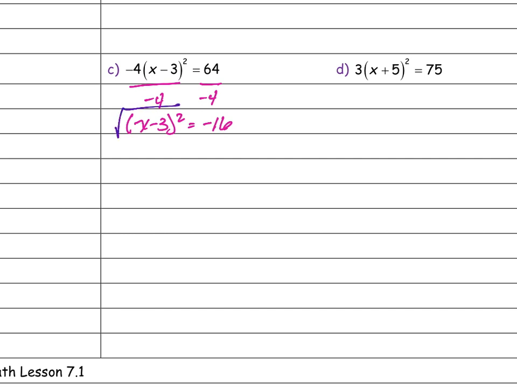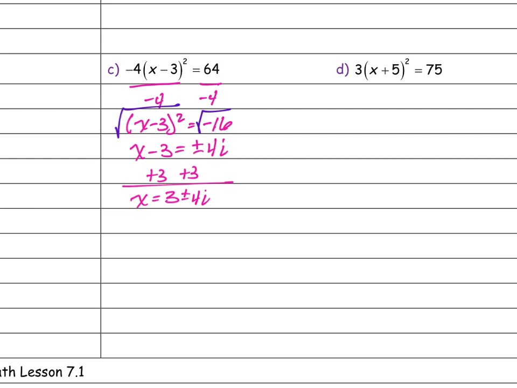So I'm going to square root both of them here. And then I get x minus 3 equals plus or minus 4i. Add 3 to both sides. And x is going to equal 3 plus or minus 4i.